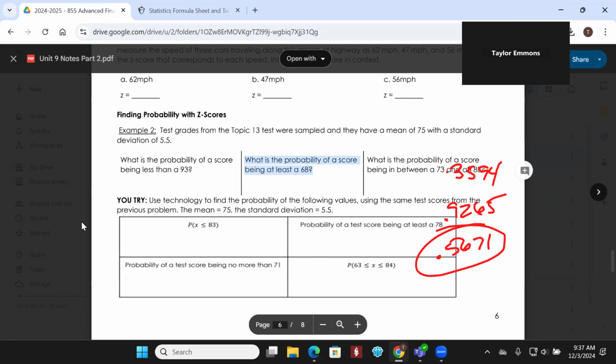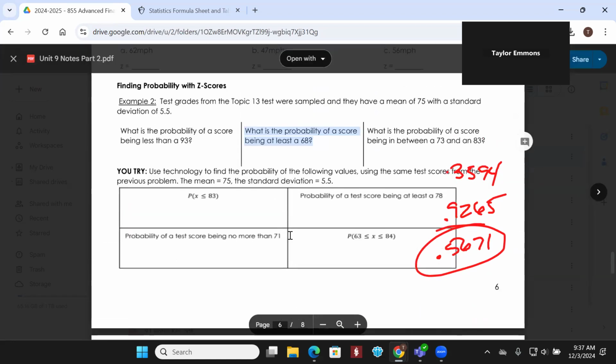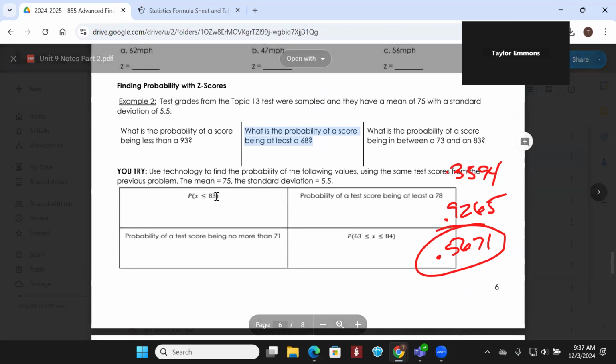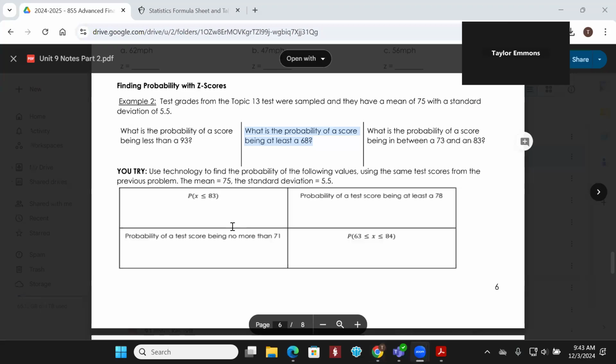All right, your turn. You try these. This says less than 83. Take a couple minutes, you're trying those four. So you should have gotten 83 minus 75 divided by 5.5.